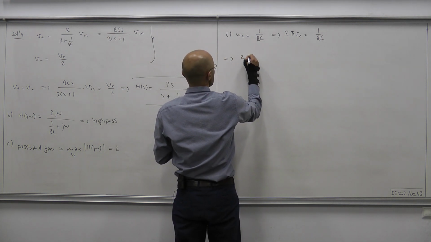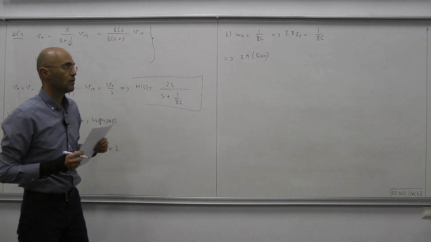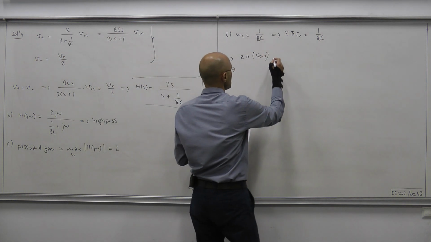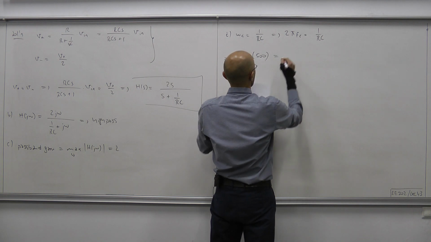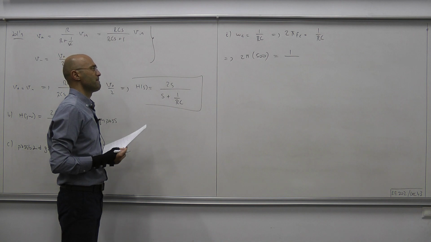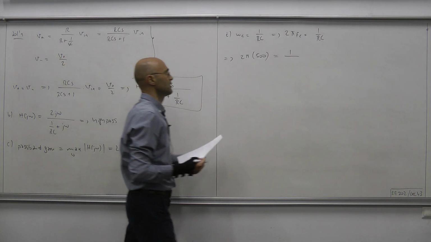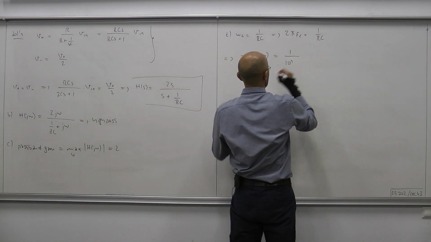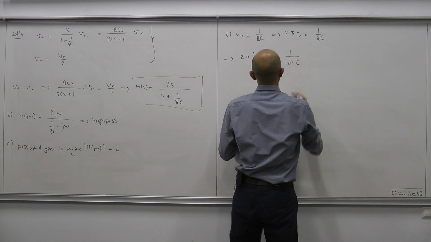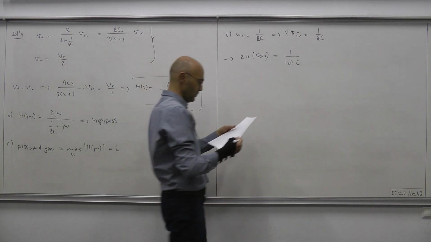Okay, so that means 2 pi fC is given to be 500 hertz, and that equals 1 over the resistance times C, and the resistance value is given to be 10,000 ohms. Okay, so what we have is 10 to the 4 times C, and from this we obtain the capacitance value.